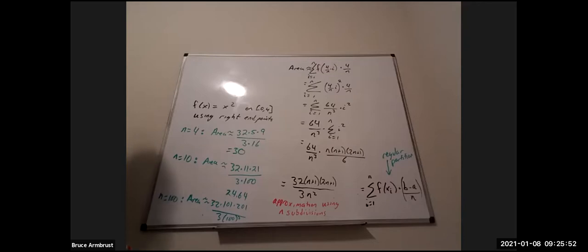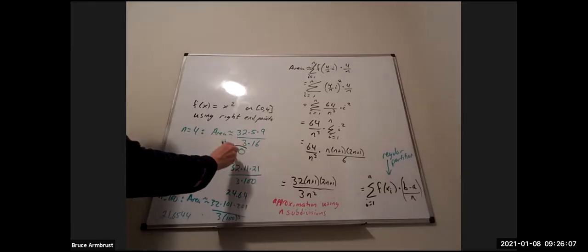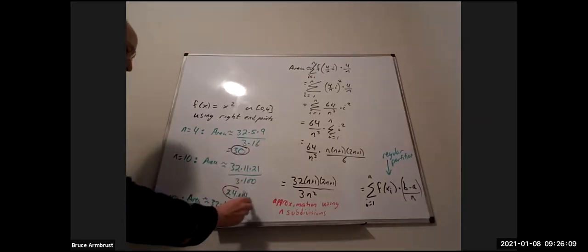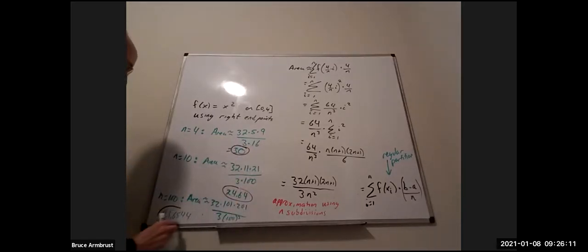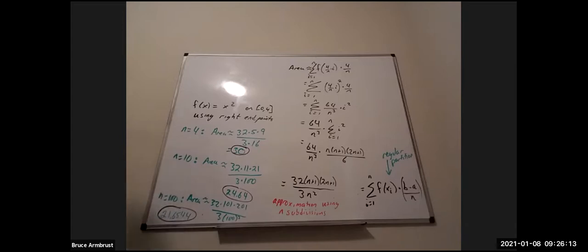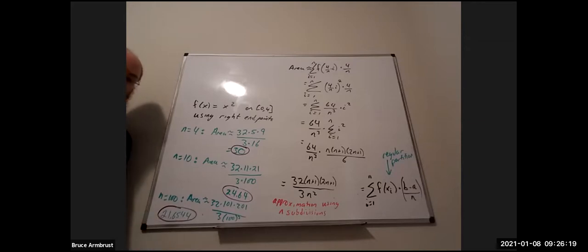All right, I get 21.6544. So take a look at these numbers. We started with 30. We got 24.64. Now we're at 21.6544. And as n is increasing, we're getting a better approximation.